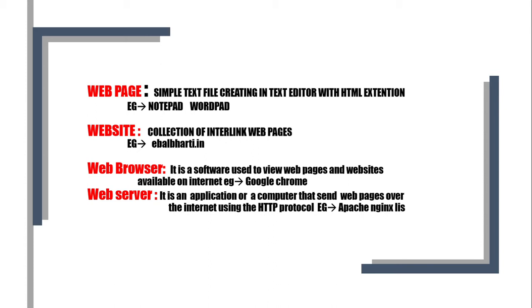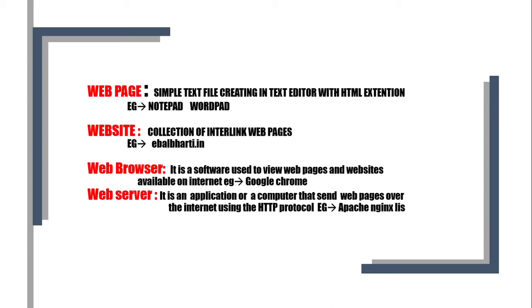Normally we have Notepad and WordPad in our computers. Notepad and WordPad are text editors, and these text editors are used to write down HTML programs. Whenever we create files in Notepad or WordPad, by default you get the extension TXT or DOC.